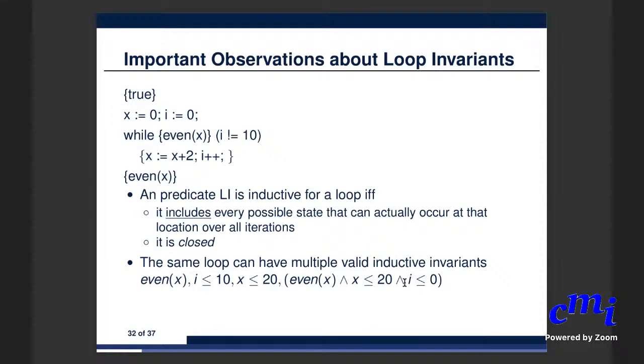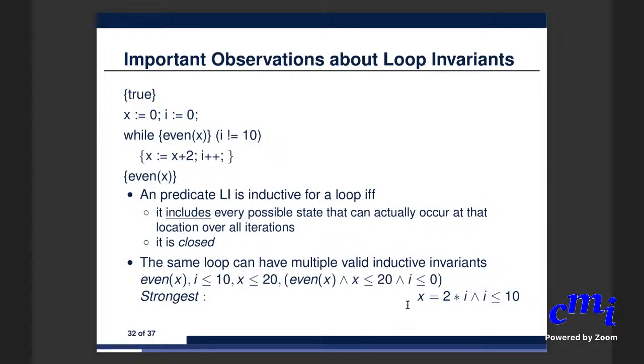Then you can ask this question: what is the strongest inductive invariant, the strongest thing that you can say about it? I'm claiming this is the strongest inductive invariant. It has to capture all the possible values that the variables being modified in the loop can possibly take, and only those values.